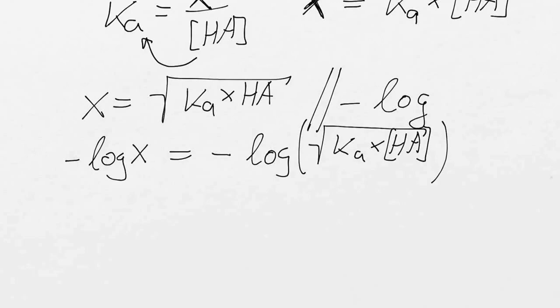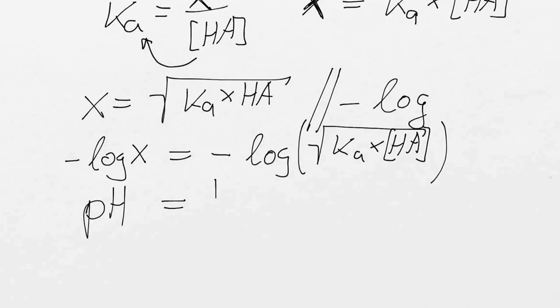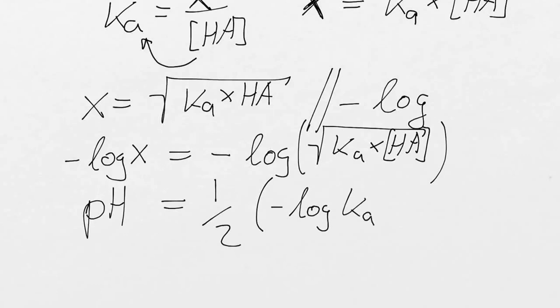So minus log x, minus log the proton concentration, we can write pH equals. Now I do a little bit of mathematical tricksing. The square root I can write as half. Half of minus log Ka minus log the acid concentration.